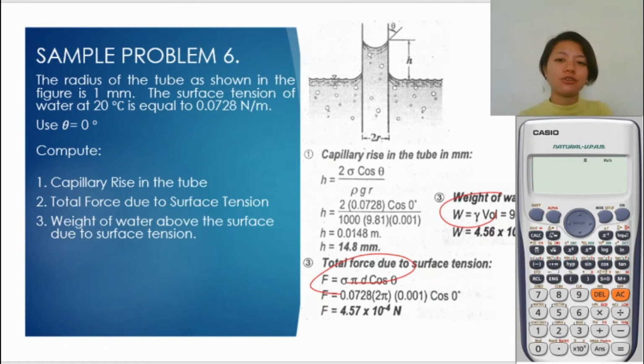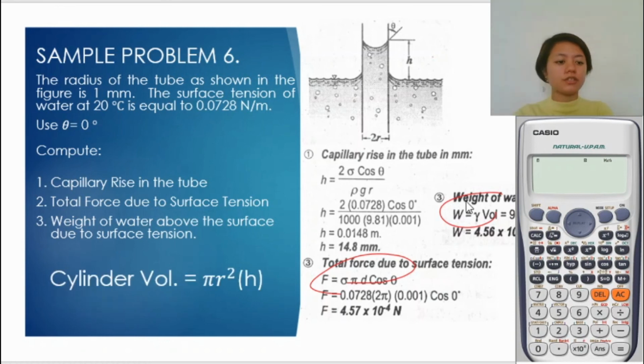Kindly review your basic solid mensuration formulas, guys, because they still appear in fluid mechanics. So I input the formula for the volume of the cylinder so you won't be confused. It is basic, guys: pi r squared times h, simply area times height of your cylinder.